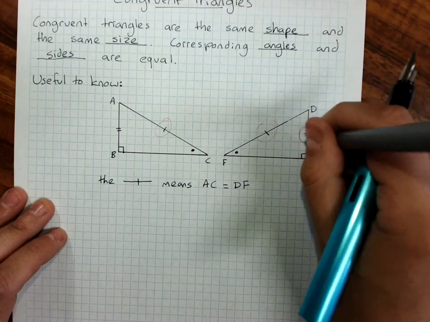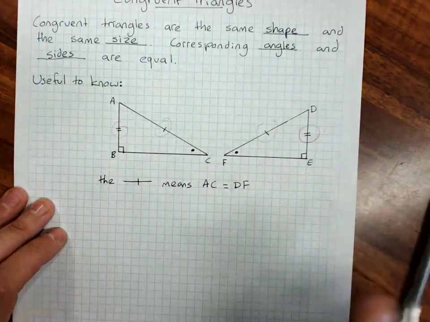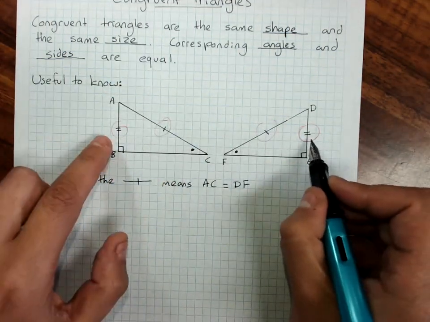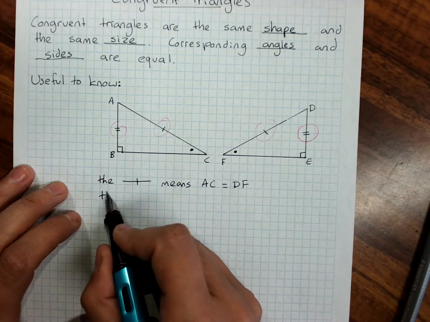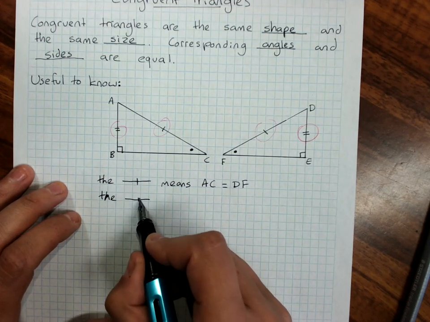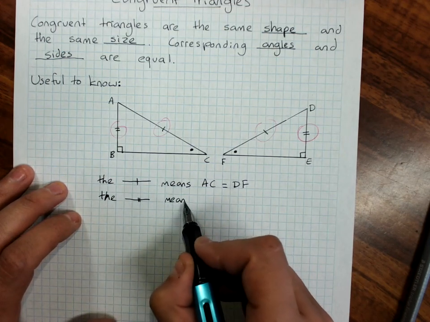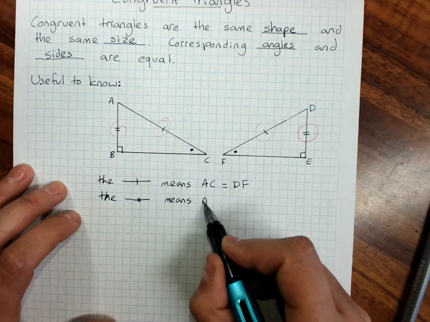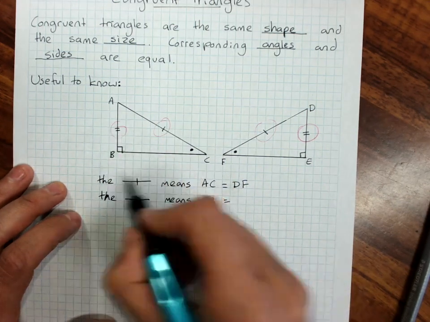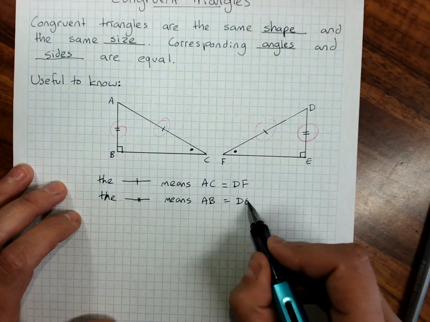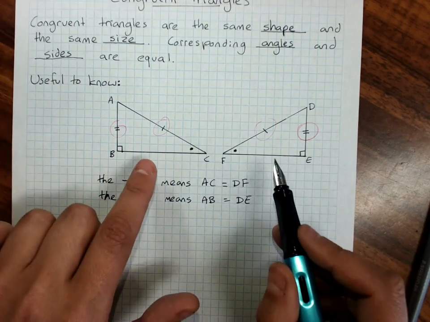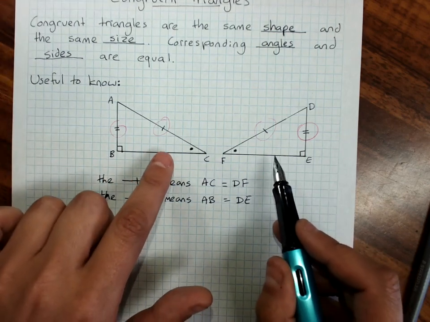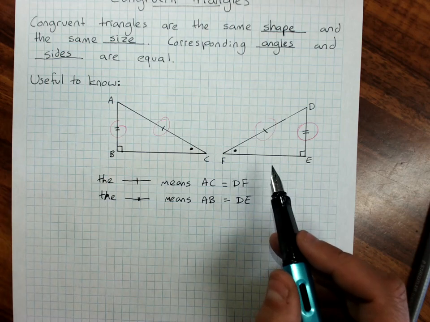And in the same way, when it's two lines, that says those two sides are equal. So the two line marking means that they're equal, so AB is the same as DE. And this triangle hasn't told me anything about these sides, so I don't have every bit of information.